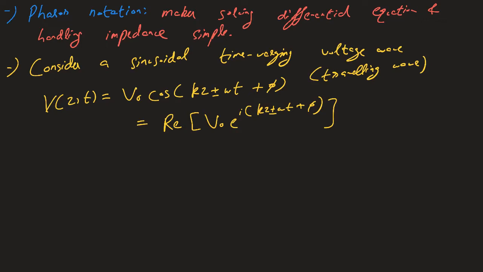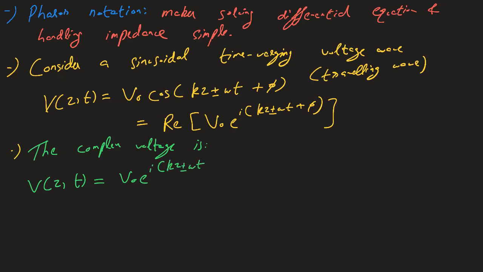Now, I know that the physical voltage is the real part of the complex voltage, but if I would just want to write the complex voltage separately, it is V of z,t, which is V naught e to the i times kz plus or minus omega t plus phi, which we can write as V naught e to the power i phi, where phi is just some initial phase, times e to the i kz, where k is the propagation vector, z is the axis of propagation, times e to the plus or minus i omega t, right? i is a complex number.